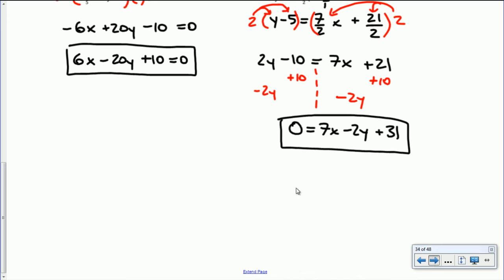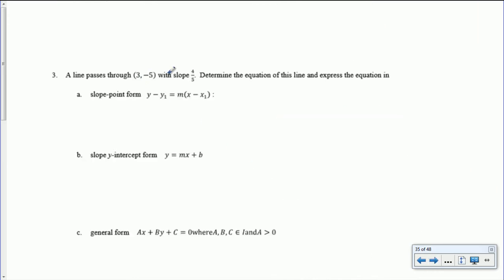Okay, moving on. Line passes through (3, -5) with a slope of 4/5. Determine the equation of the line and express it in slope point, slope y-intercept, and general form. So slope point works great for us in this situation because we have a point. It is not a special point, it's not b, right?